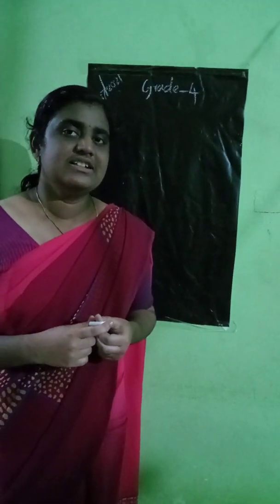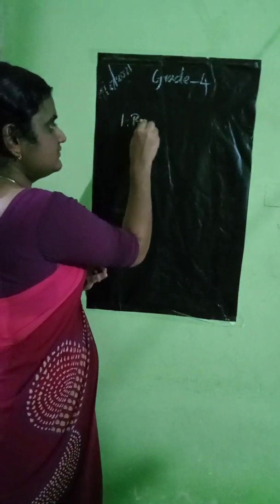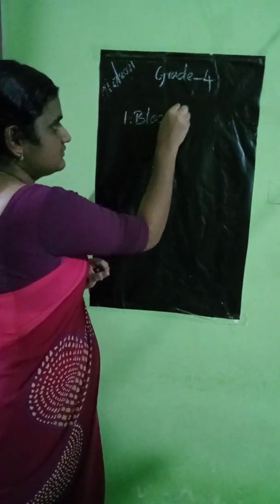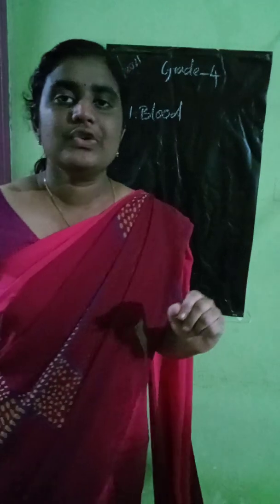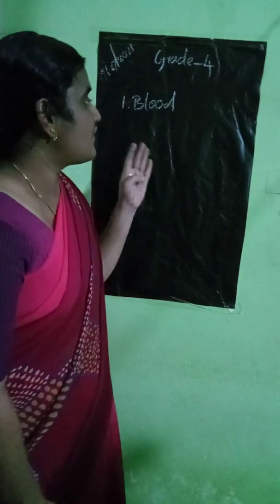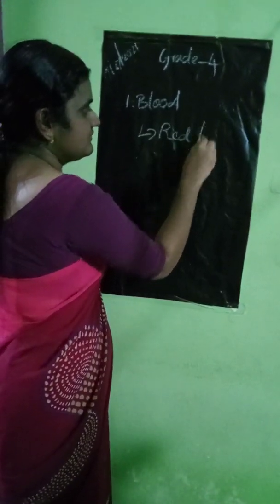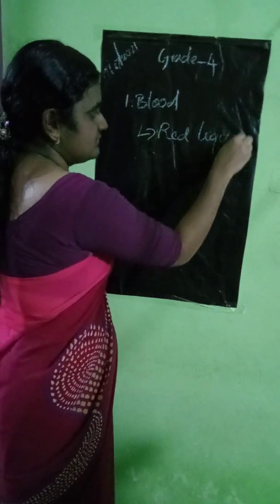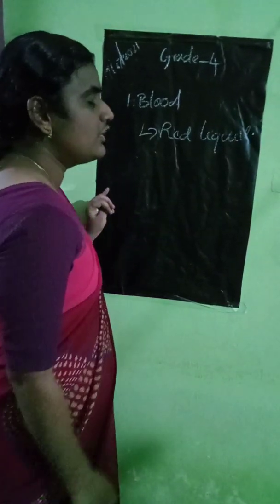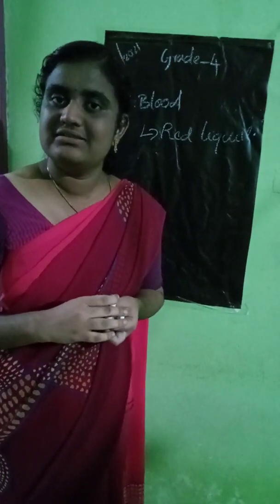So children, the first main part is blood. Do you know what the color of blood is? Yes, it is red in color. So our blood is a red liquid. Do you know why our blood is red in color?